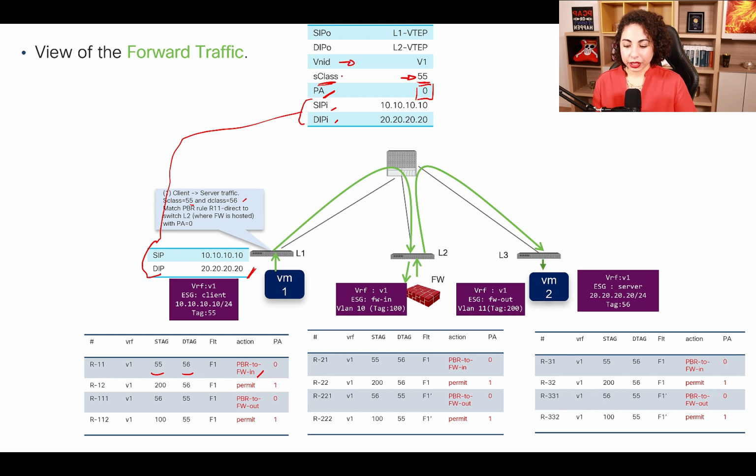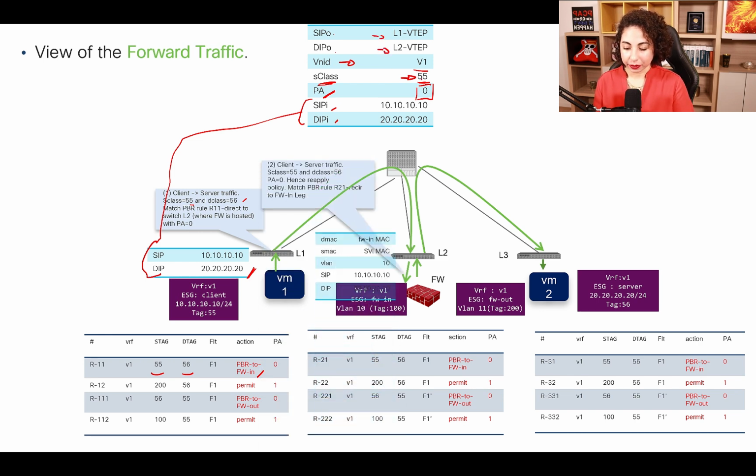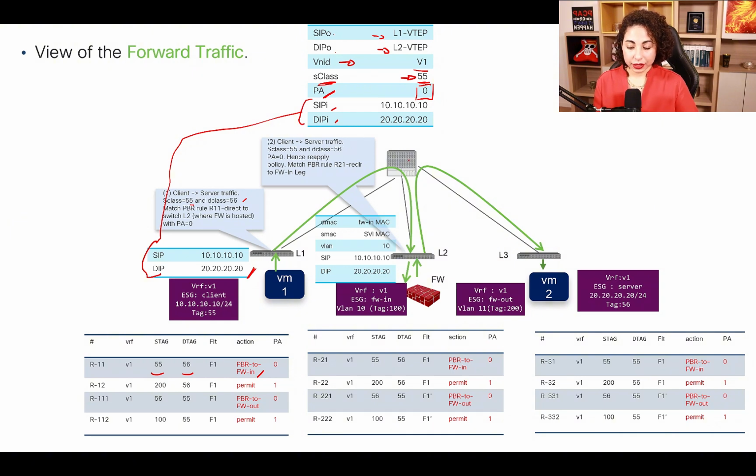Then we code the L2VPN, which is for the VRF1. And the outer IP address is the loopback1 IP address of the first VTEP, and the destination is the loopback1 of the second VTEP. Nothing fancy about it.